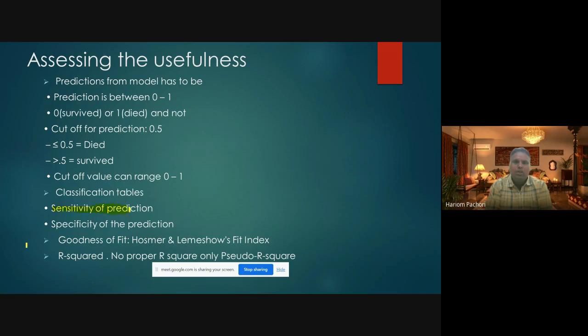This 2x2 contingency table is giving you sensitivity and specificity. The Hosmer and Lemeshow fit index is giving you goodness of fit. And pseudo R square tells you how much percentage your independent variables are explaining your dependent variable, whether they are predicting it or not, and if they are predicting, then what is their percentage.